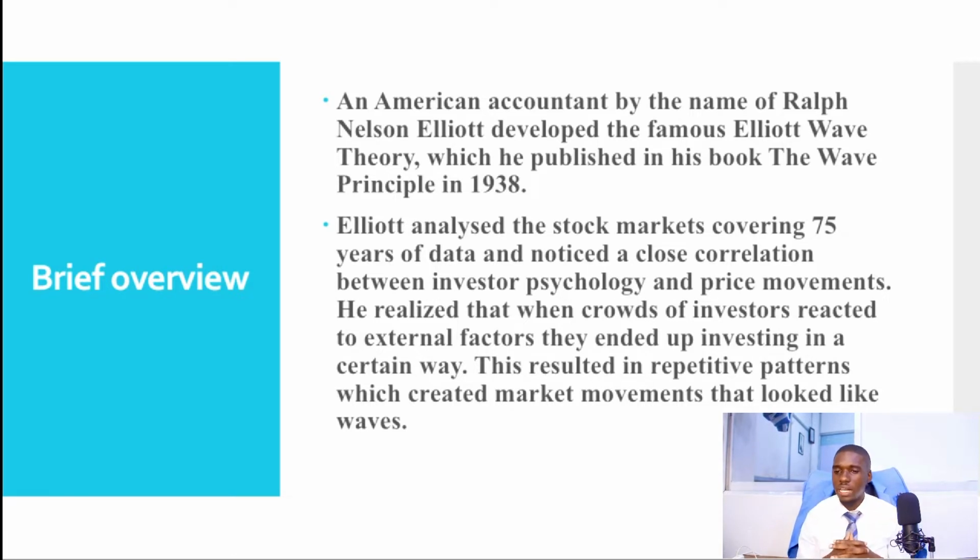Elliott analyzed the stock market covering 75 years of data and noticed a close correlation between investor psychology and price movements. He realized that when crowds of investors reacted to an external factor, they ended up investing in a certain way. This resulted in repetitive patterns which created market movements that look like waves.